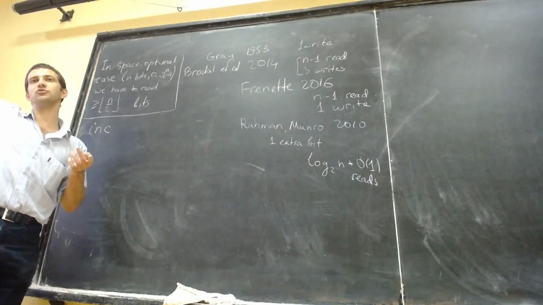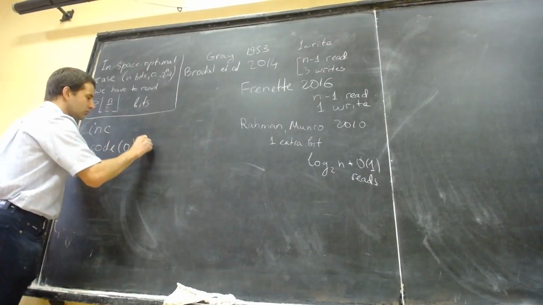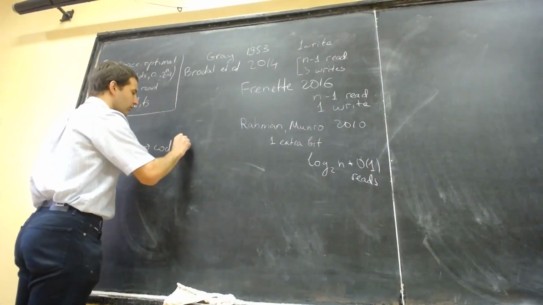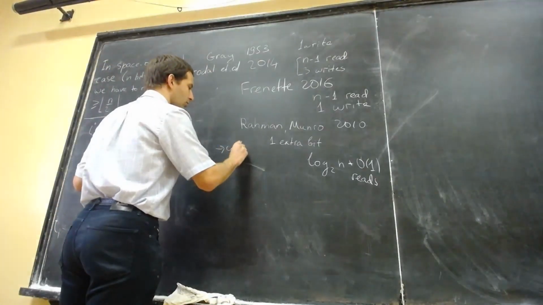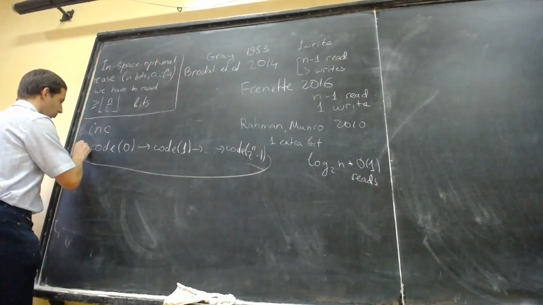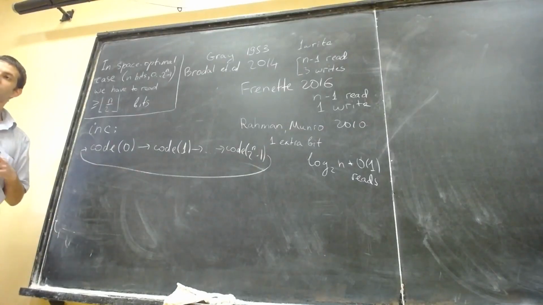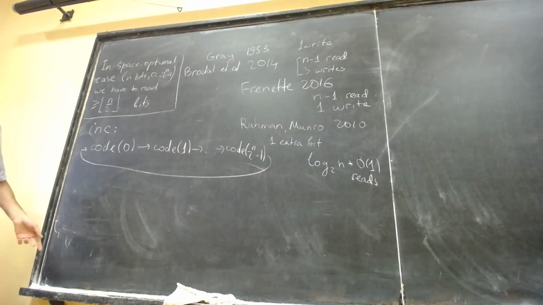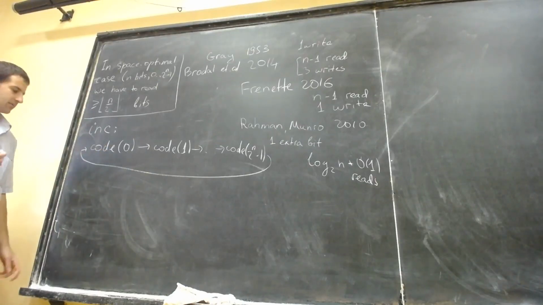So this is the increment permutation, which is called inc. This permutation acts on binary strings of length n, and it is a cycle of length 2 to the n.